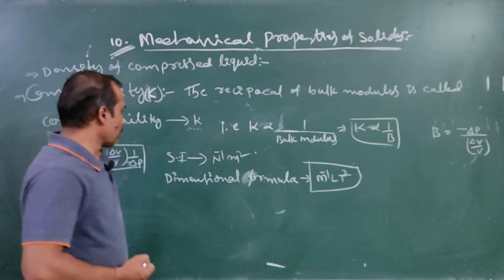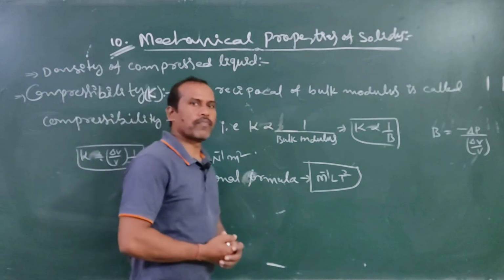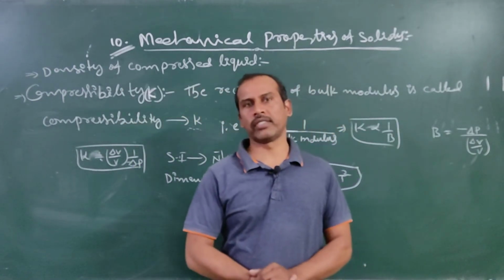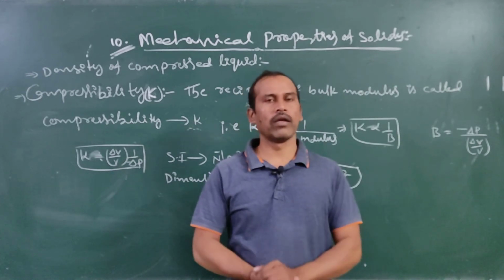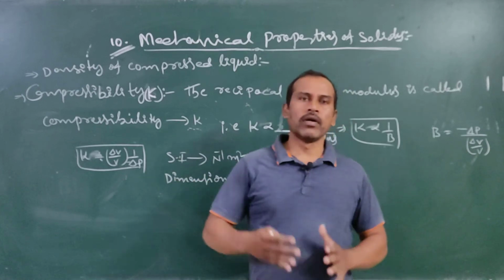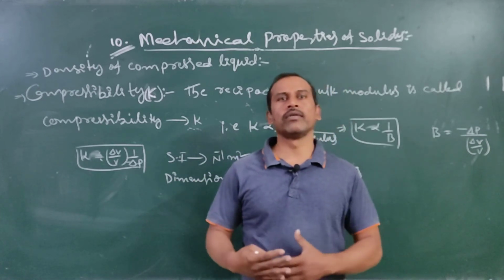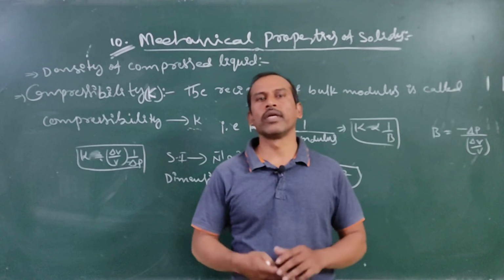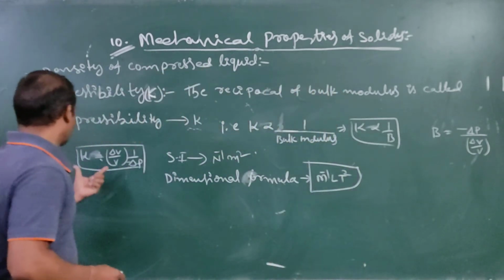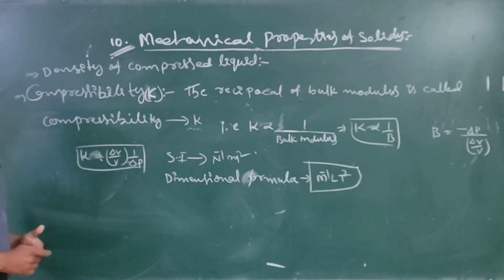Now, solids and ideal liquids are incompressible. That means the bulk modulus of such solids and ideal liquids is infinite. For incompressible solids and ideal liquids, K is equal to 0.